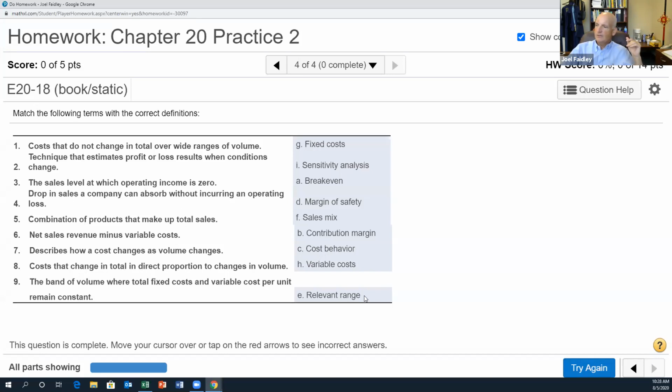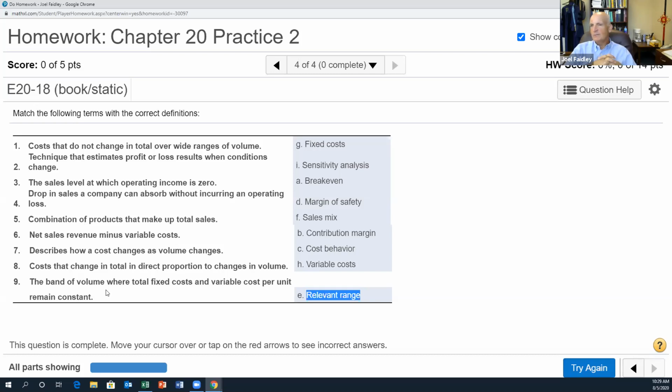And this last one is a good term, relevant range. The band of volume where total fixed costs and variable costs remain constant. That's your relevant range. It's very important. That relevant range might be, if you've got a company making anywhere from 9 million to 10 million units.